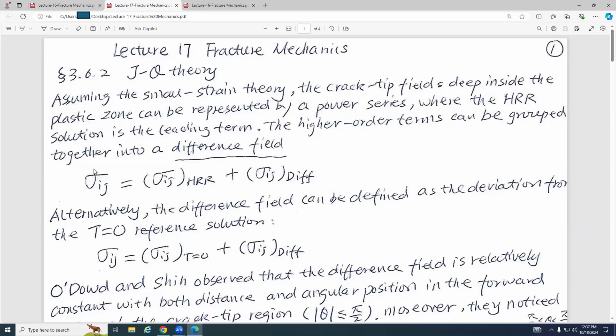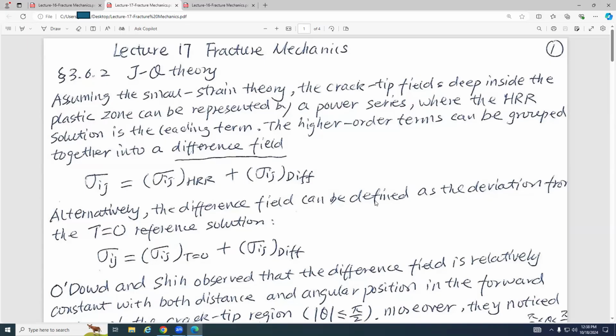That means we still assume small strain theory. So sigma ij can be written as the HRR solution, sigma ij HRR, plus sigma ij diff. The difference is the sum of all other terms. Alternatively, the difference field can be defined as a deviation from the T = 0 reference solution.